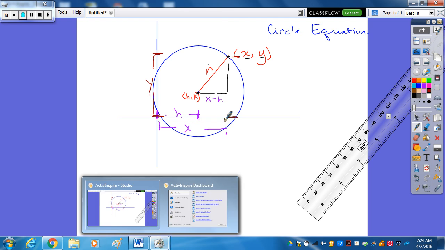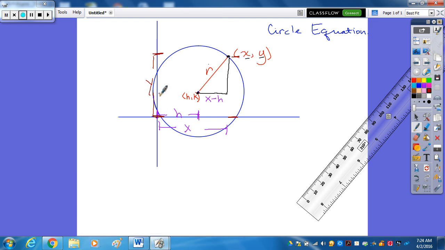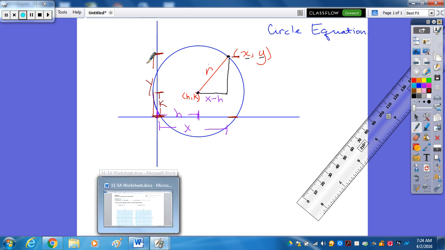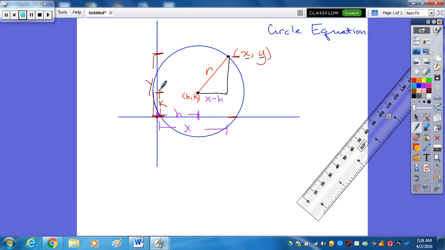I know that from here up to this point right here is going to be a length of k. All right. So if I take the whole length minus what I have here, what's left over is actually going to be this length right here. So this is actually y minus k.